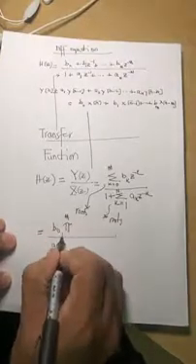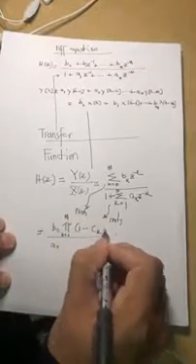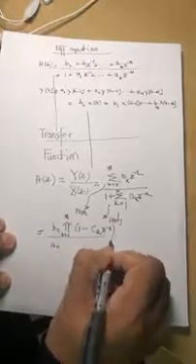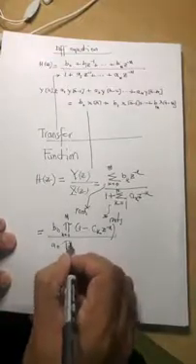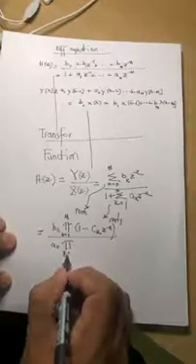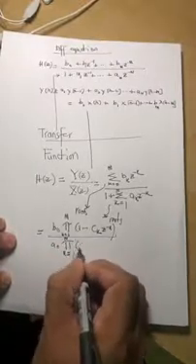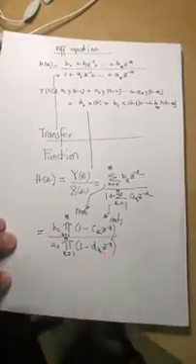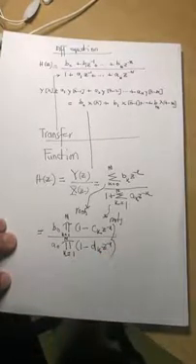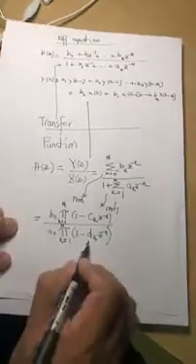If there are M roots, it will be the product of 1 minus c_k z to the minus 1, and the poles are the product for k equal to 1 to N of 1 minus d_k z to the minus 1. These are the poles.